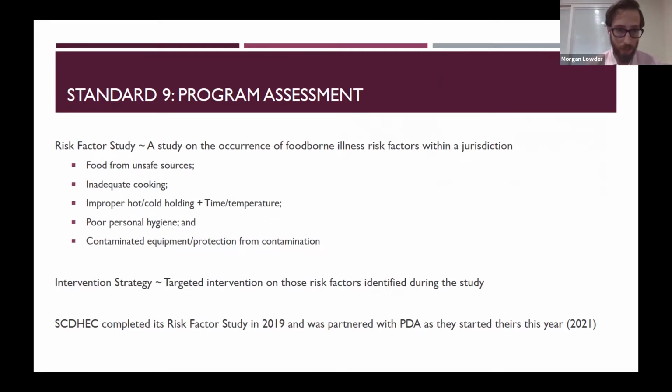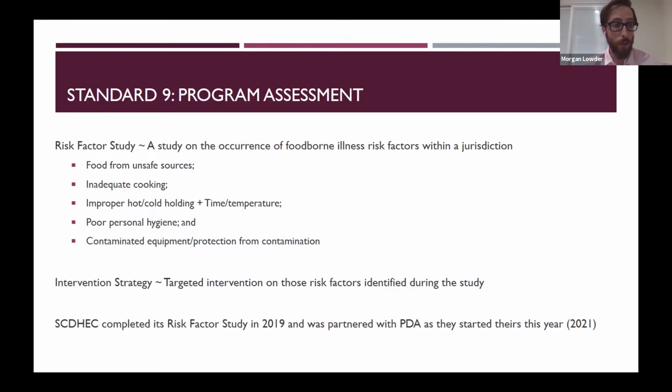There is the risk factor study, which is a study on the occurrence of foodborne illness risk factors within a jurisdiction. There is also an analysis component to the risk factor study where you would look at the results of your study and identify areas of success and areas where you have room for improvement.